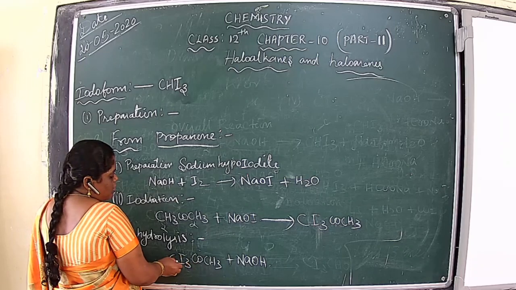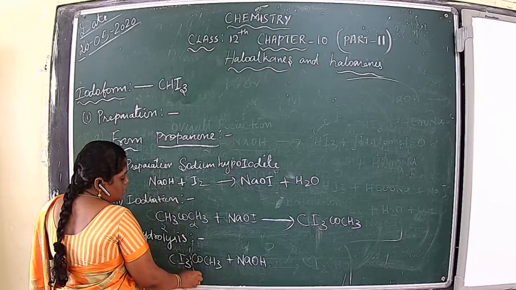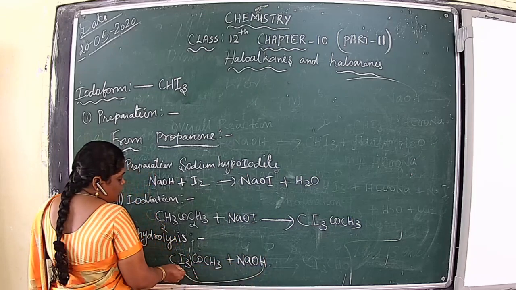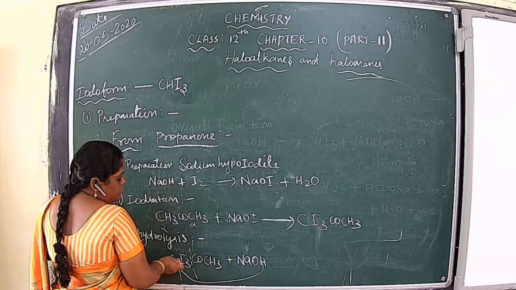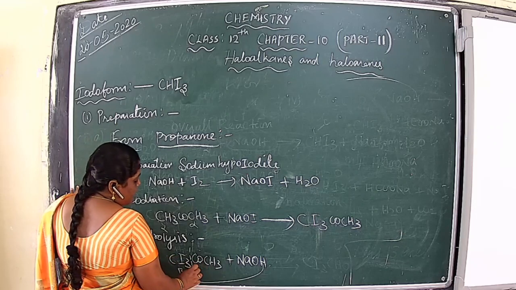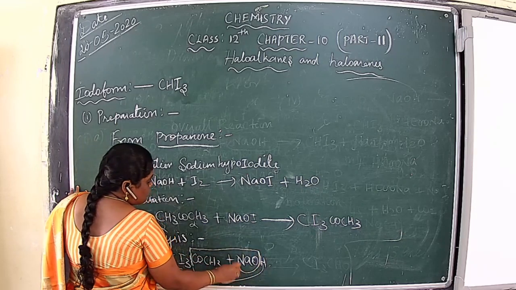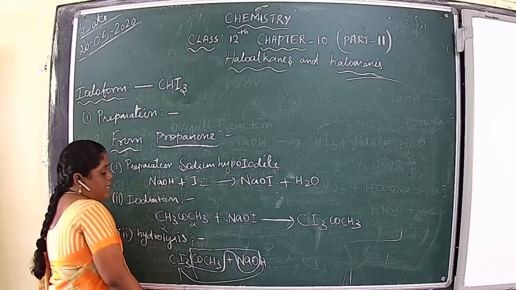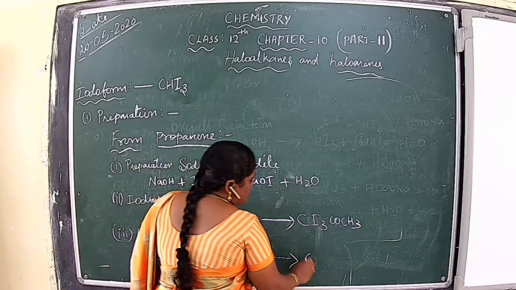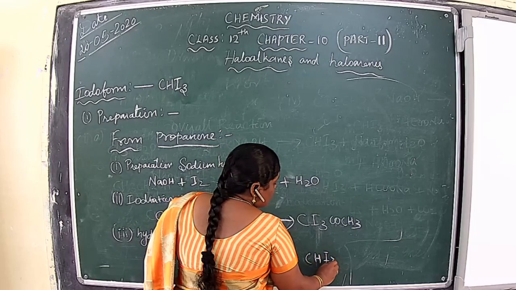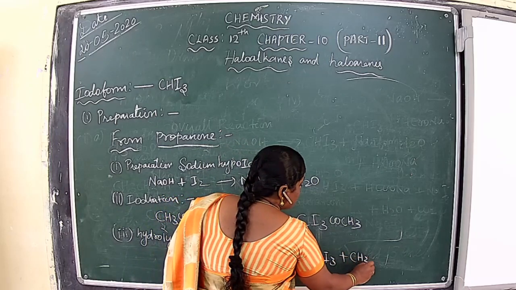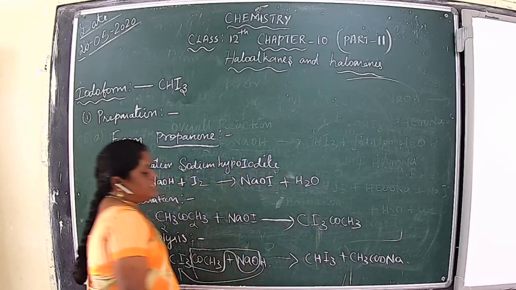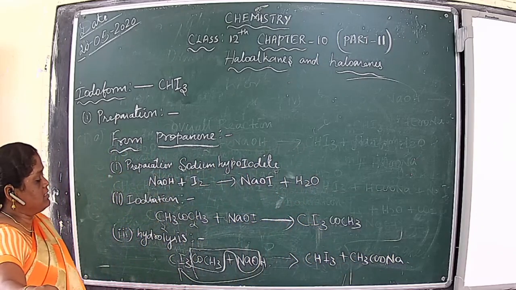So this carbon-carbon bond is cleaved, then this hydrogen comes and attaches here, so we get CHI3 plus the remaining part, CH3COONa, sodium acetate.